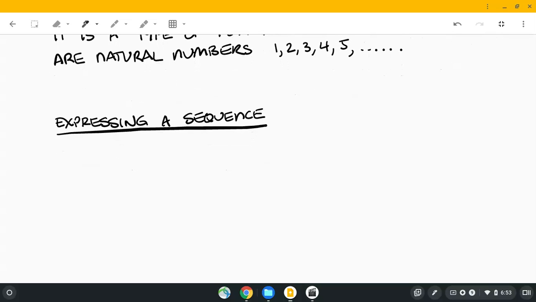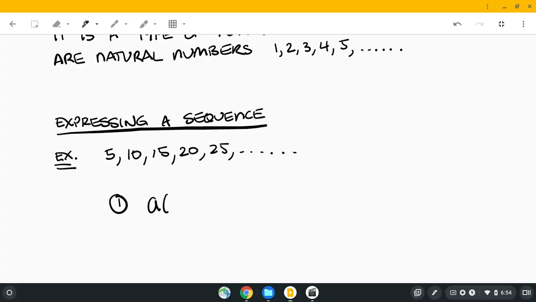All right, so let's take a look at this example. 5, 10, 15, 20, 25, right? Okay, so one way to express it is using this notation, like function notation. Okay, so one way to do this is like a of n.